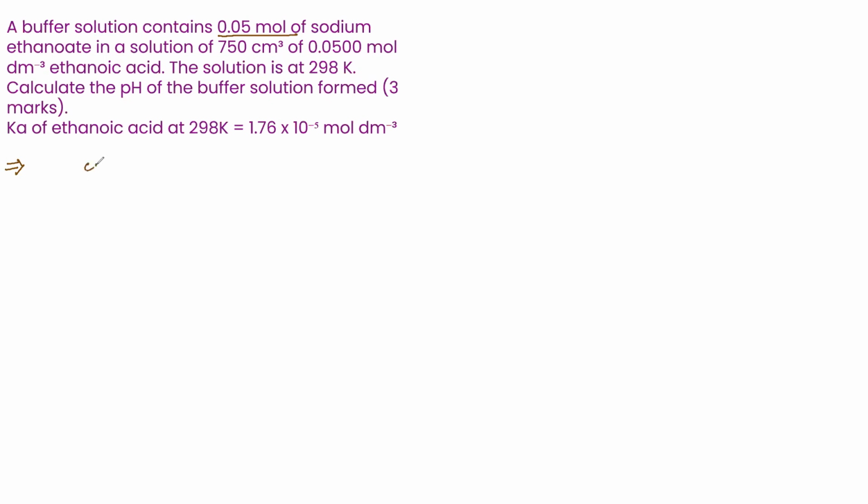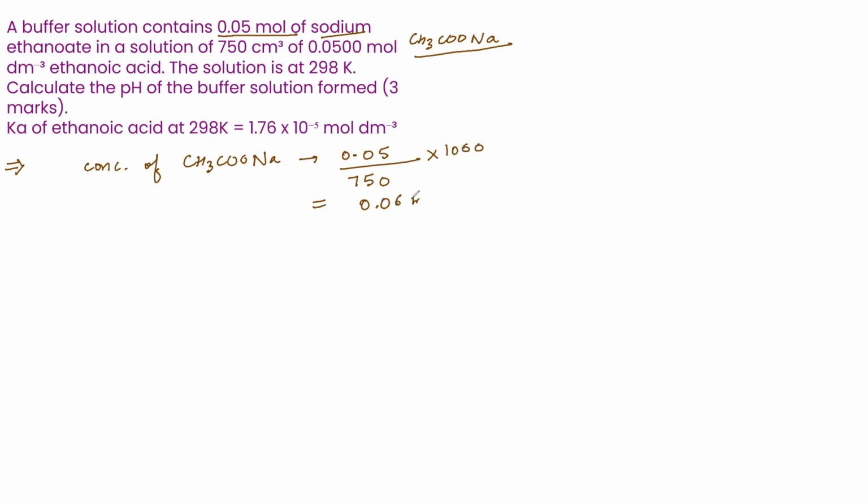The concentration of sodium ethanoate, CH3COONa, which is the formula of sodium ethanoate, is moles, 0.05, divided by volume, which is 750 divided by 1000. You can calculate the concentration, which will come out to be 0.06 mole per decimeter cube.